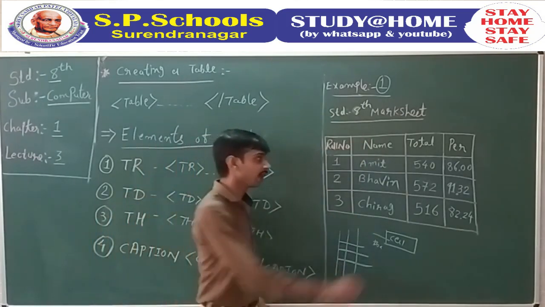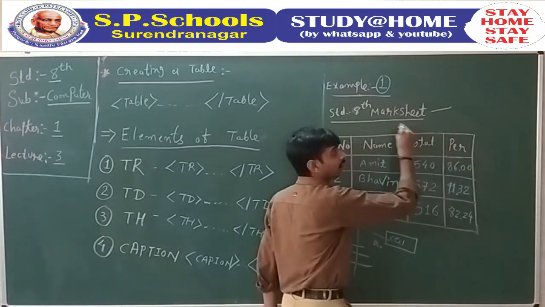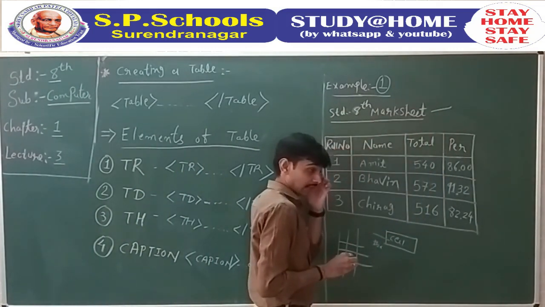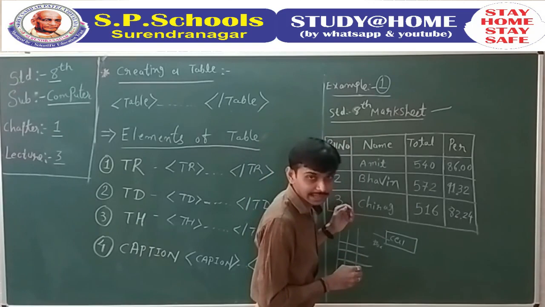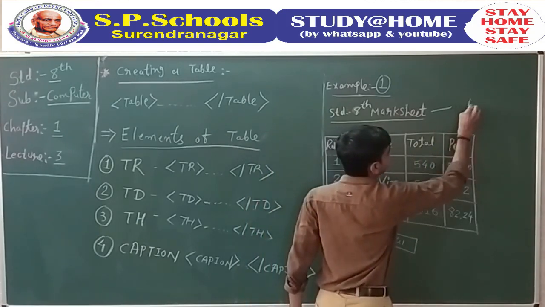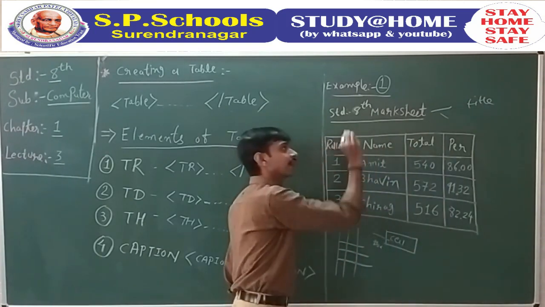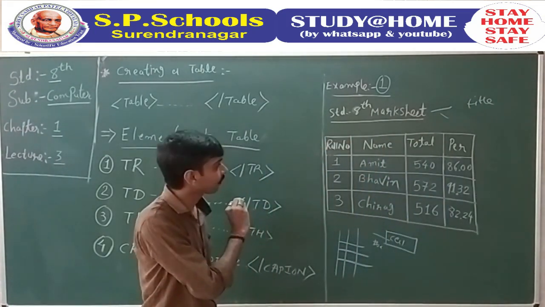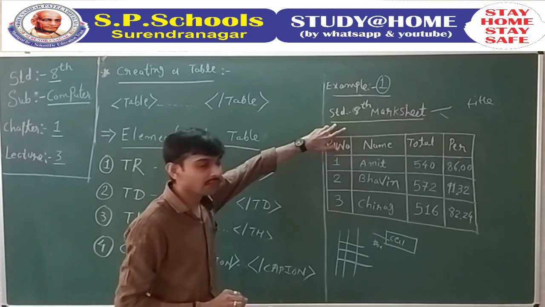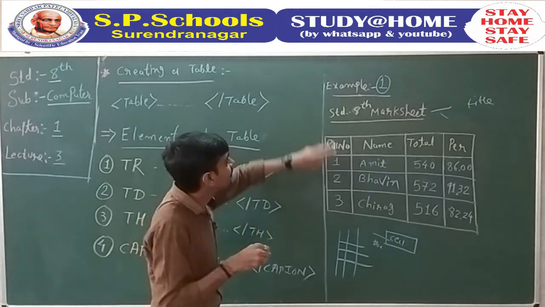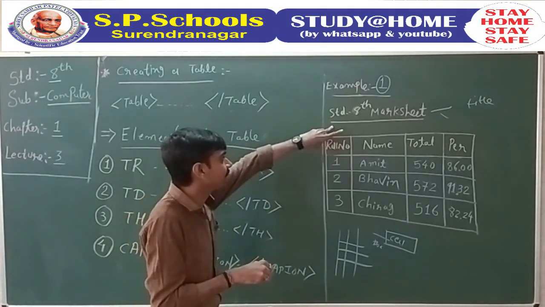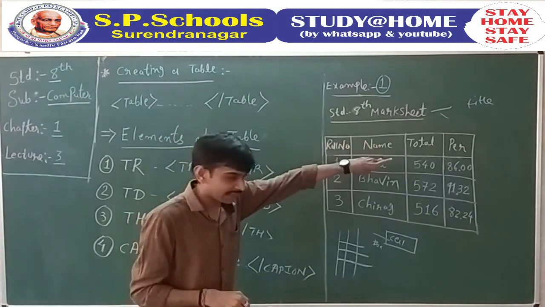So here you can say that this is our title, the caption of our table. This is our title. What do we write? Caption. So this is the title of our table, that is Standard 8 marks.